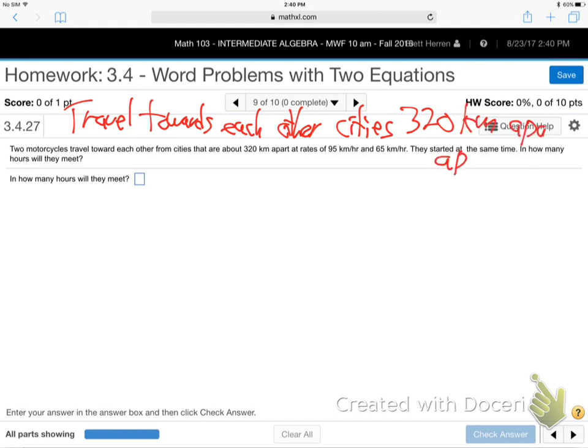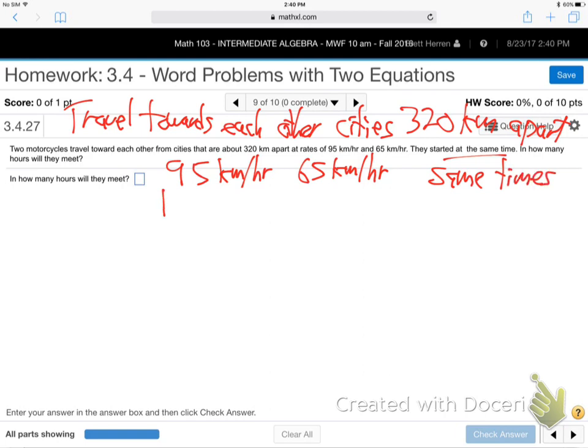Those are the key facts. And their speeds are 95 kilometers per hour and 65 kilometers per hour. They start at the same time.